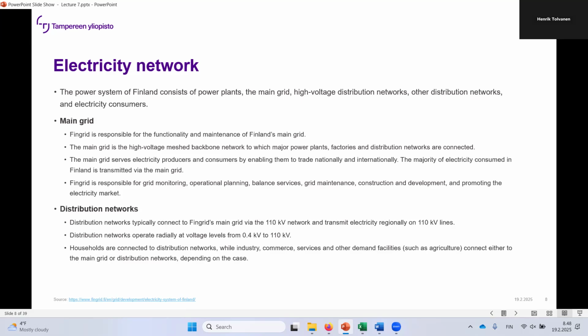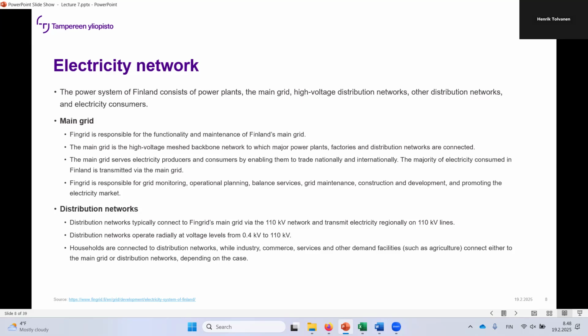So they are the ones that plan the future. For example, as I was talking about the power disparity between wind power production on the coastline, there's a lot of production in the northern parts and the coastline, and the consumption is higher in the south.